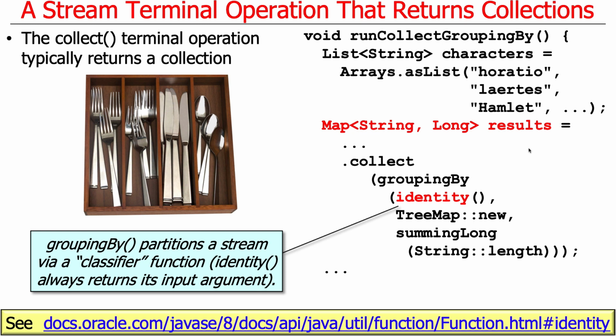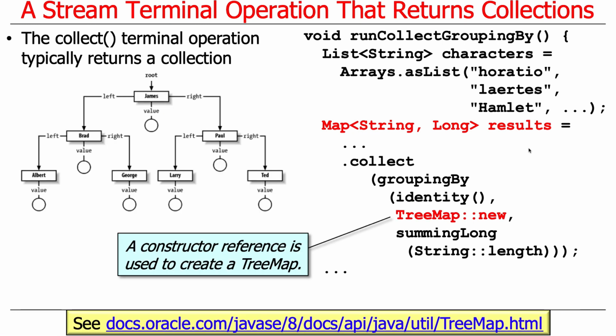It's a classifier function. And in this case, identity just returns the value of the input argument, which is the element in the stream, like the name, the Hamlet character name. The second parameter says which type of map to create. So this is a constructor reference that's used by grouping by to make the appropriate type of map collection used to store the elements.